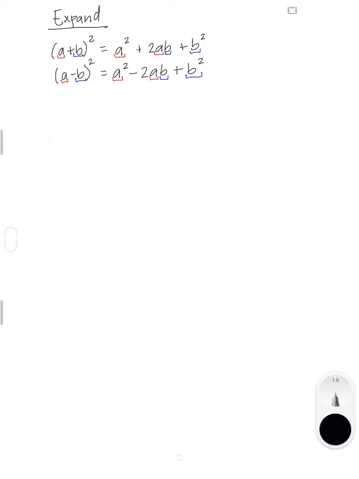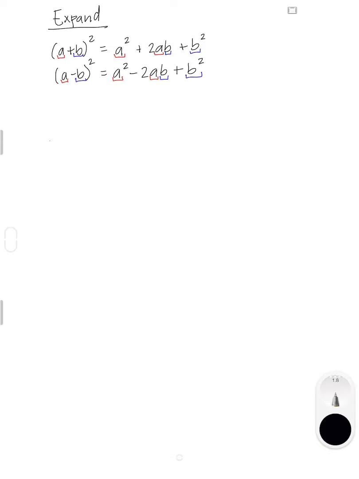Now this is a rule that was created because they noticed that every time you do the FOIL method or just the distributive property on a binomial that was multiplied by itself because it's squared, they were always getting a solution that had a squared plus 2 times the multiplication of ab and then plus b squared, or a squared minus 2 times ab and then plus b squared.